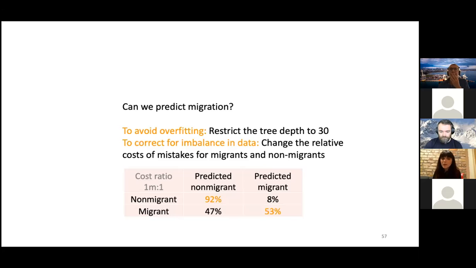For example, here we made it 1 million times costlier to mispredict migrants than non-migrants, and our predictions for migrants improved from 6% to 53% in the validation data. But now the predictions for non-migrants have gone down in their accuracy. And again, if we keep increasing the cost, we'll do better and better in one class, but then do worse in the other class. So these are some of the trade-offs that we're making.